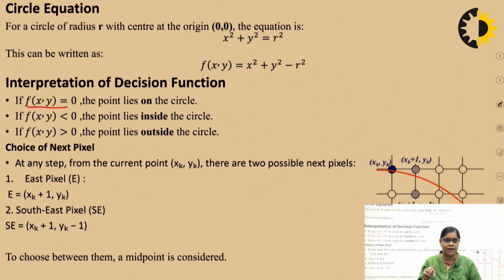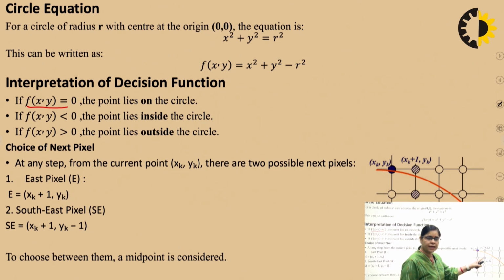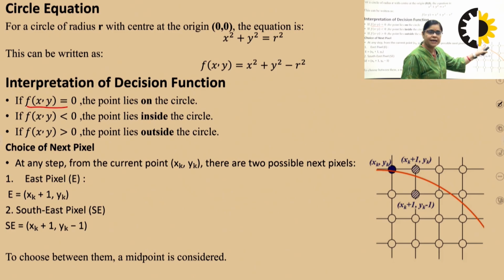If function of x comma y is less than 0, the point is lying inside the circle. If it is greater than 0, the point is lying outside the circle. So you have to keep these 3 important interpretations in mind: equal to 0, on the circle; less than 0, inside the circle; greater than 0, outside the circle.